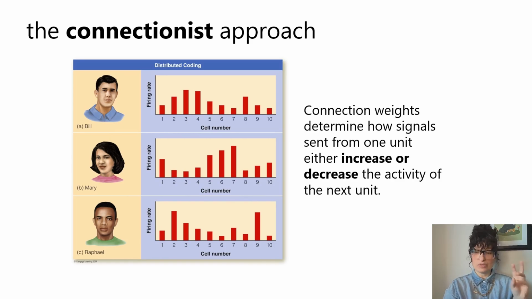Something else that's really a strength of the connectionist approach is that it's very robust, which means that, for example, if you lose neuron 4, those patterns of activation still are relatively maintained. So it's not like you're going to stop recognizing Bill, Mary, and Raphael because you've lost neuron 4. The pattern is still basically there.